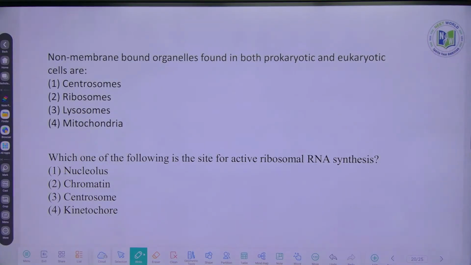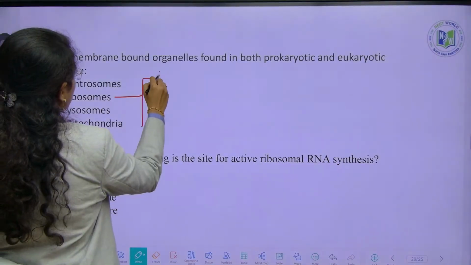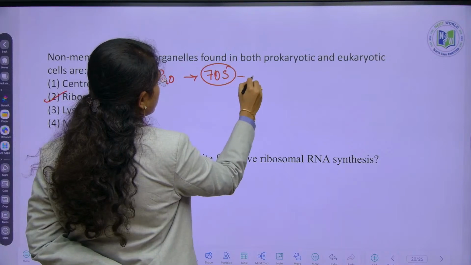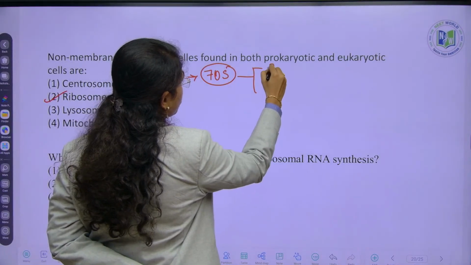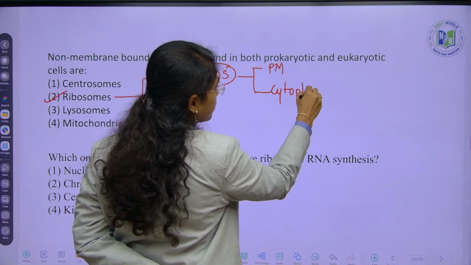Non-membrane bound organelles found in both prokaryotes and eukaryotes: ribosomes. In prokaryotes, what type of ribosomes can you see? Where are they present? Attached to the plasma membrane and a few in the cytoplasm.